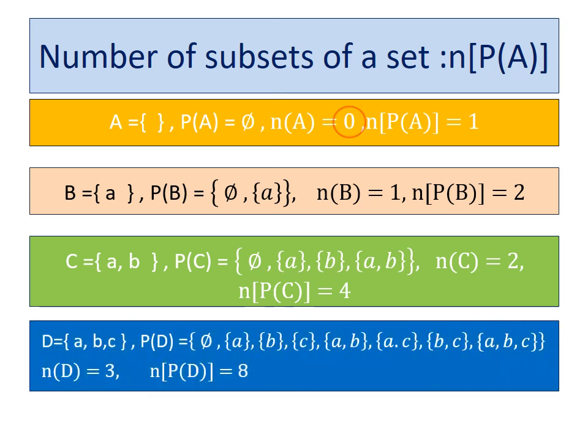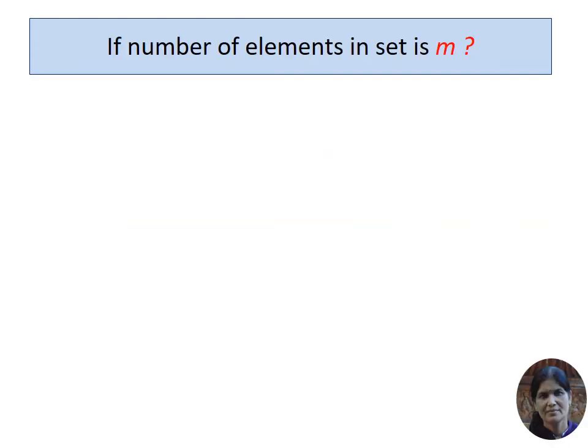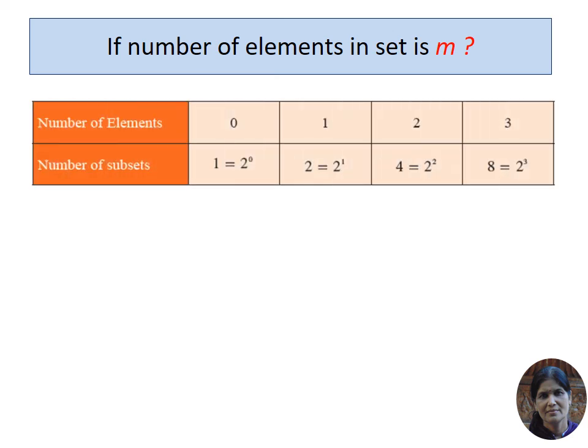Can you guess? D contains a, b, c. So power set D will be phi, {a}, {b}, {c}, {a, b}, {a, c}, {b, c} and {a, b, c}. So the number of elements in power set D is equal to 8.